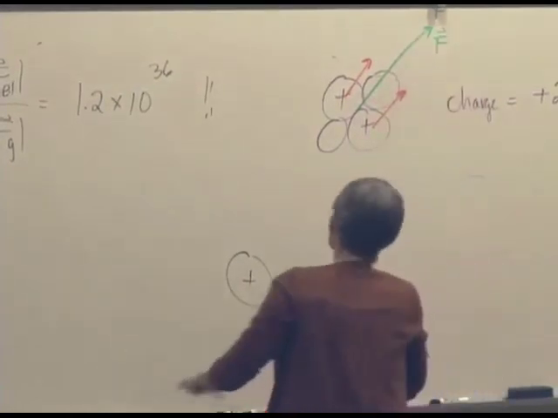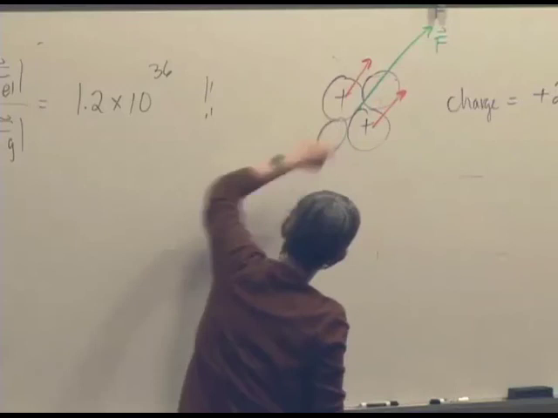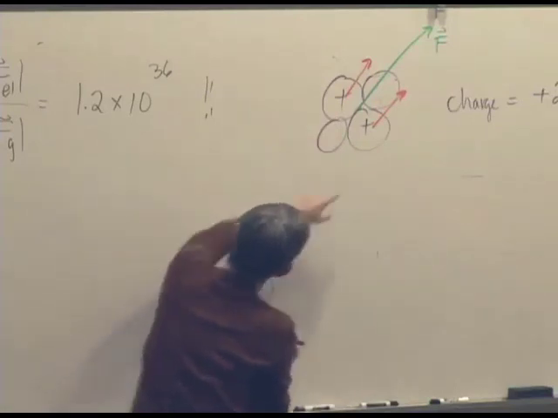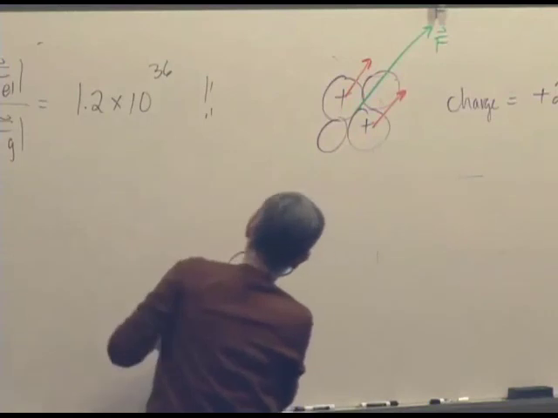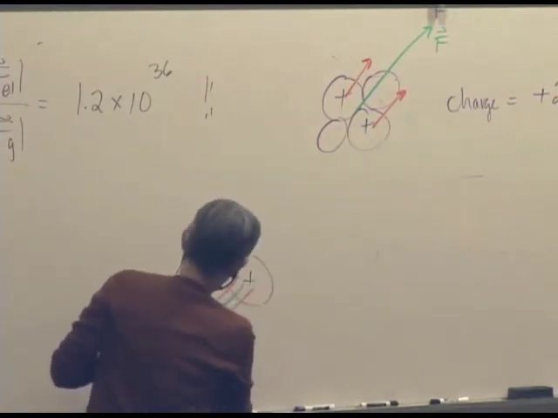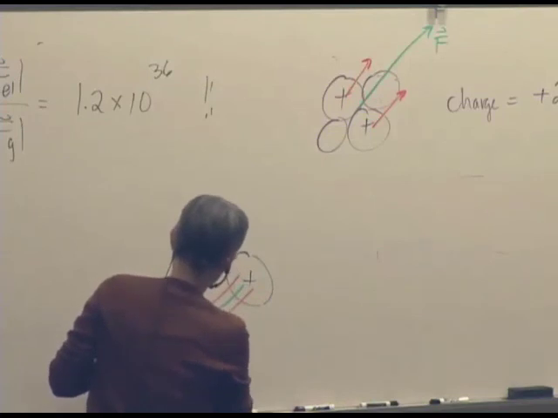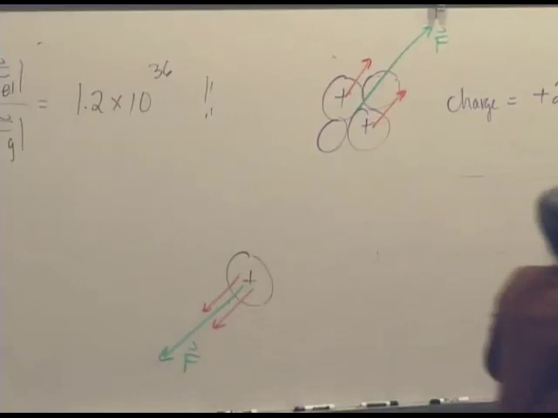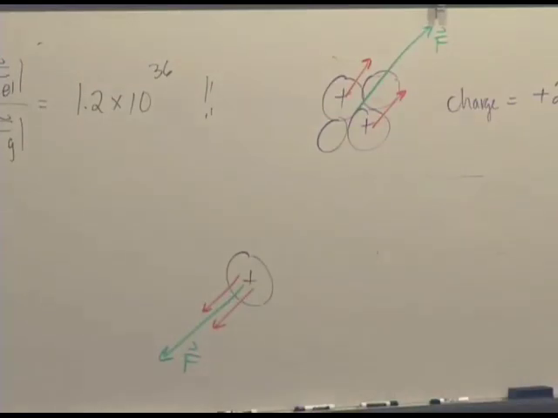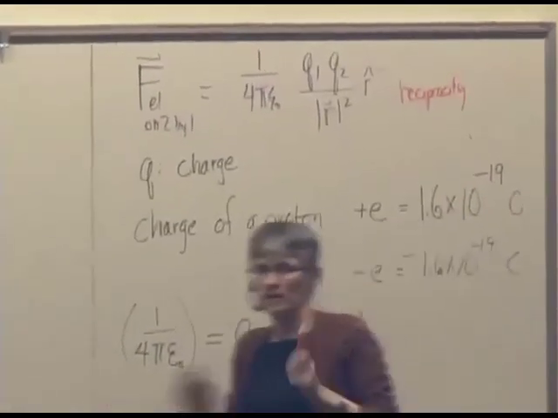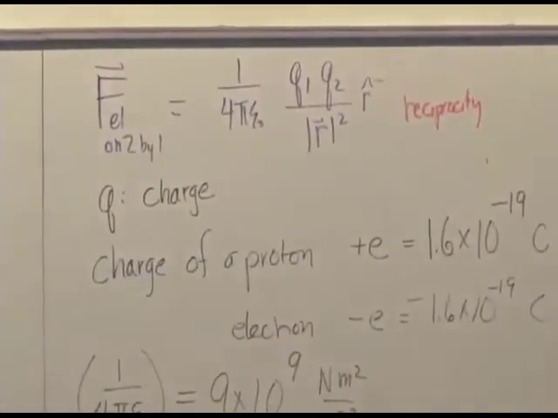Here, this proton exerts a force on this proton. That proton exerts a force. And when we add them up, we get the same net force. So reciprocity is also a property of the electric force, just like it was for the gravitational force.